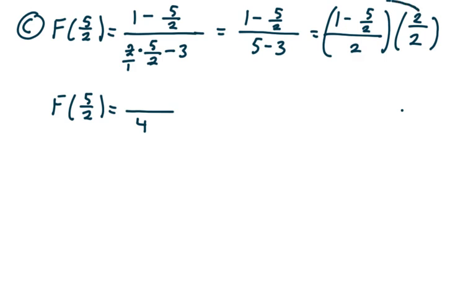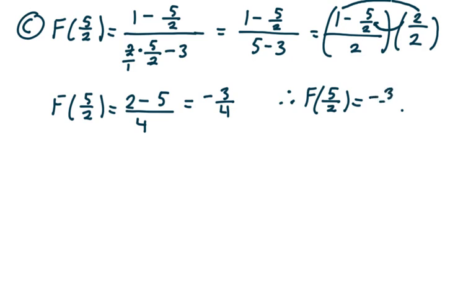If I distribute the 2, 2 times 1 is 2, and then 2 times 5/2, if I double 5/2, I get 5, which is negative 3/4. So, therefore, f of 5/2 is negative 3/4.